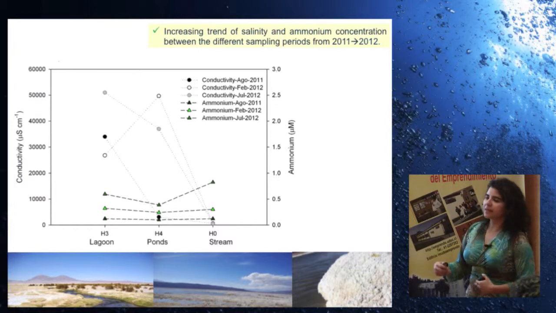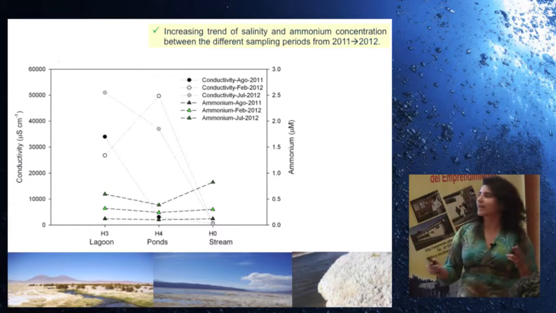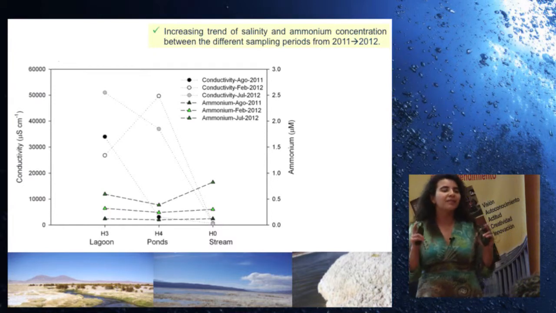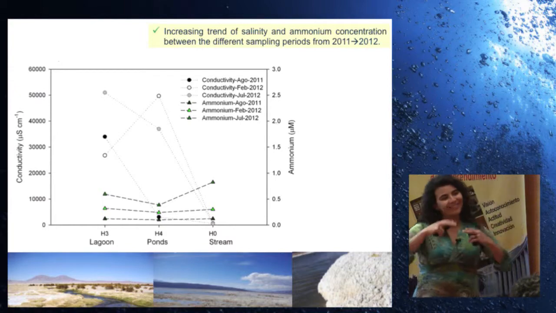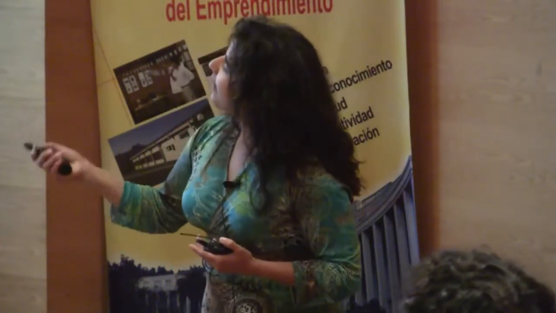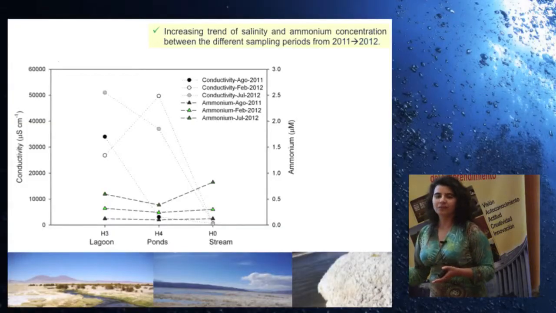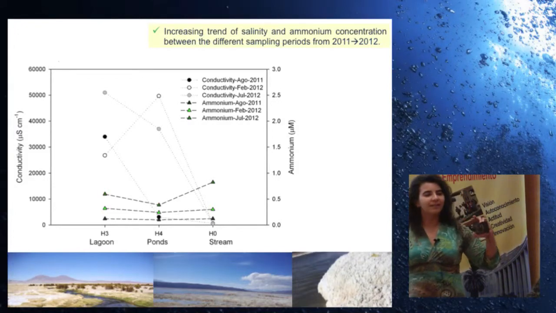The ammonium tends to increase every time we went, except for the first campaign, where the concentration of ammonium was more or less the same. So the first campaign allowed us to compare salinity trends only, and not the two processes together. For the other campaigns, we see an increasing trend also in salinity. So we are evidencing a change in this system.